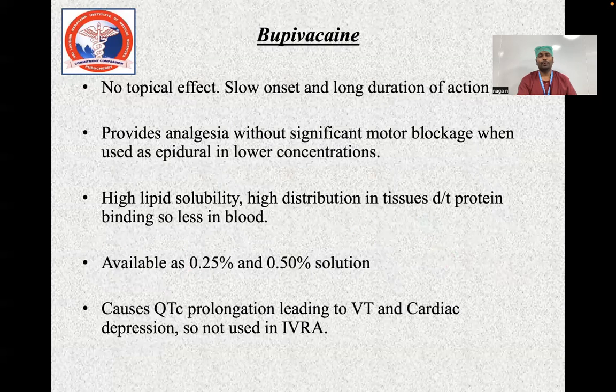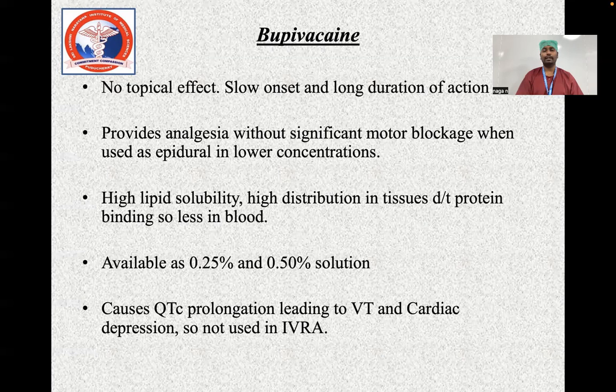Bupivacaine. Bupivacaine is also one of the most commonly used drugs in practice, in spinal anesthesia as well as local anesthesia. It has no topical effect, slow onset and long duration of action. It provides analgesia without significant motor blockade when used epidurally in lower concentrations.